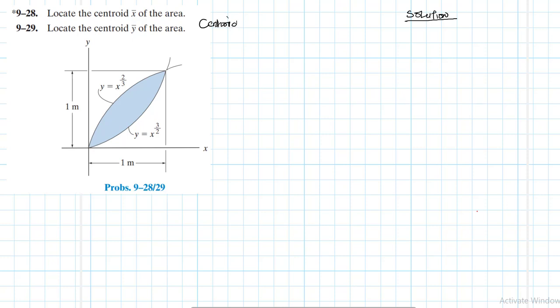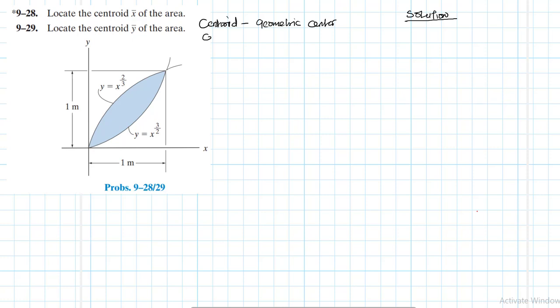Centroid is basically the geometric center. So this can be the geometric center of a line. It can be a geometric center of an area. It can be a geometric center of a volume, right?